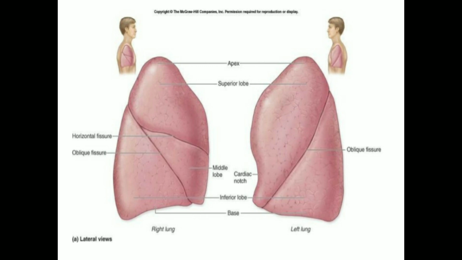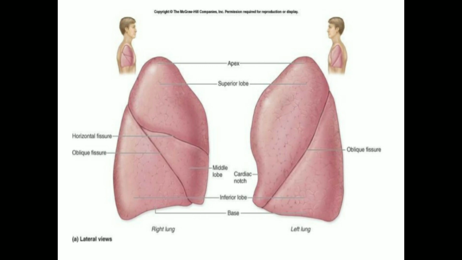The apex of the lung extends into the root of the neck about 2.5 centimeters above the medial end of the clavicle. The apex is covered by cervical pleura and externally by the suprapleural membrane. Remember, the apex of the lung extends into the root of the neck about 2.5 centimeters above the medial end of the clavicle.